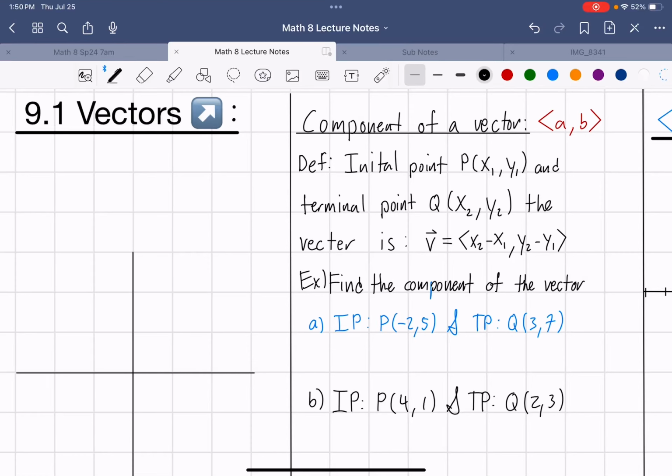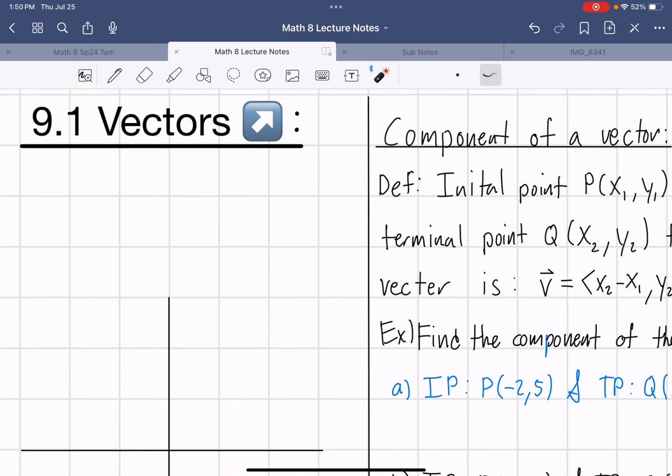We're looking at 9.1. And like I said on the previous video, we are moving a little bit away from talking about trig functions. They will come up again in this chapter, but like I said, very little, like in the previous section.